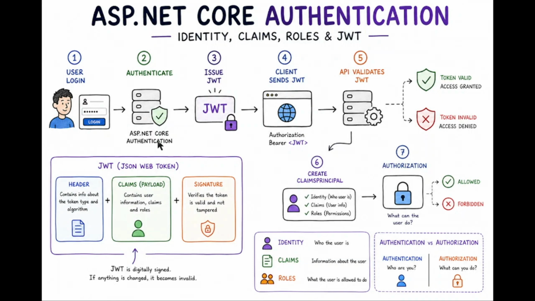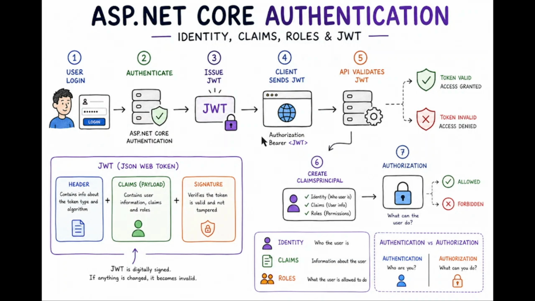The server checks the database. If they are wrong, authentication stops here. If they are correct, the server knows exactly who this person is. This process is called authentication. Authentication simply answers one question: who are you? Nothing more.